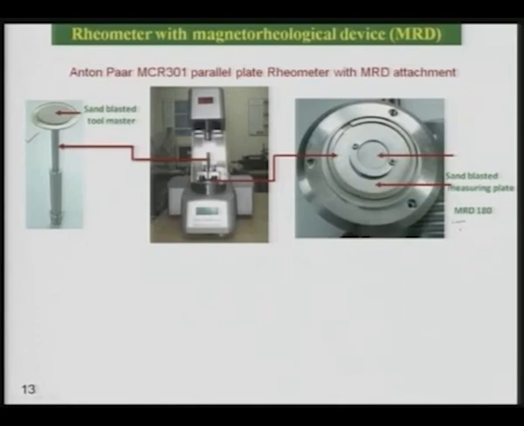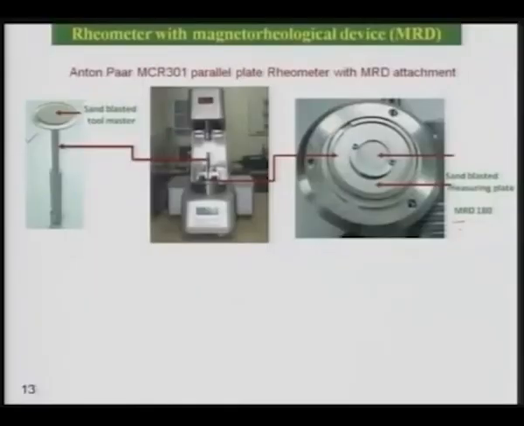The speciality of this plate is that it is sand blasted, so that the effect of abrasive particles on the plate is minimum, because the real life medium consists of abrasive particles as well as iron particles. When you are evaluating their properties, these particles are mixed in the medium and used on this rheometer, so it may damage the normal plate of the rheometer. So, special purpose sand blasted plates are used for the evaluation of the properties of the MR polishing fluid.